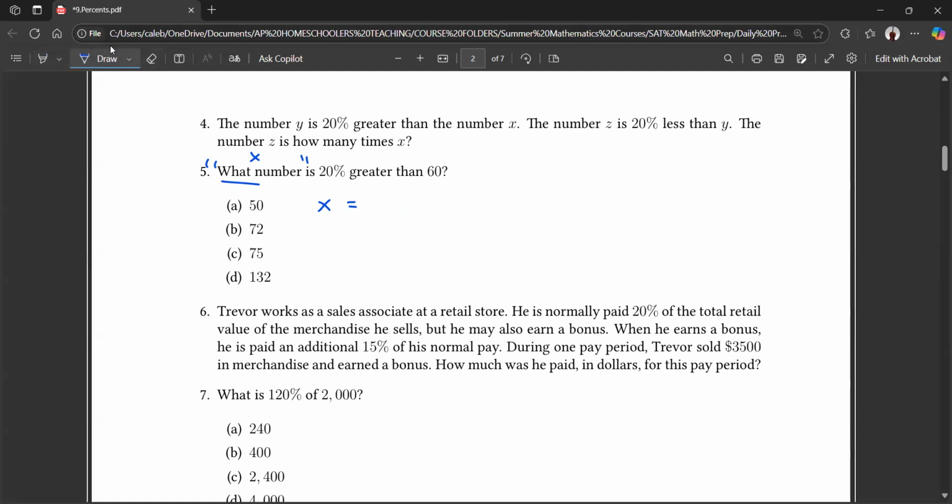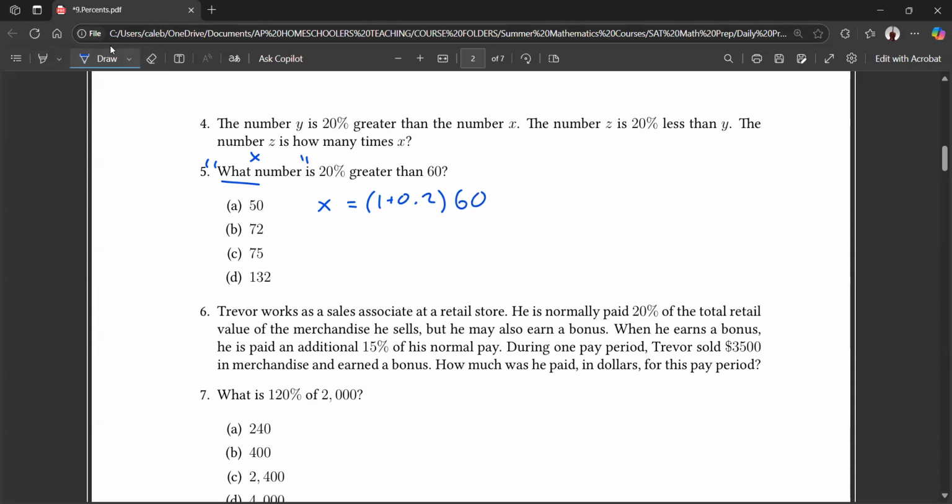Well, that means I start with my 100% or just one. And since it's greater, I need to add that 20%. So I'm adding 20%, I'm just doing that as a decimal, of 60.